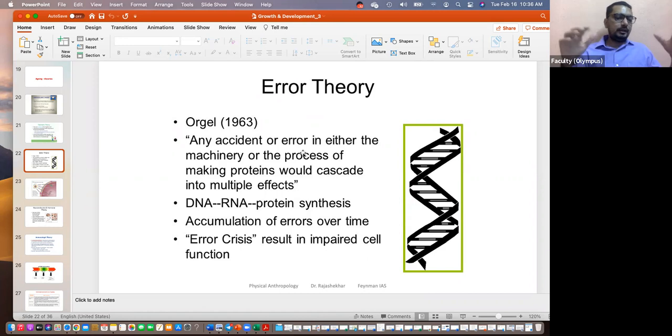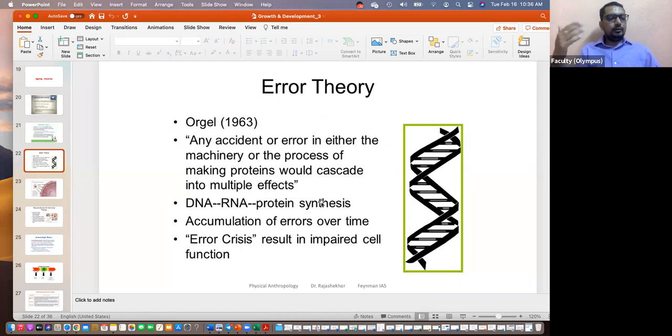Let's say the process of DNA replication may not work in the same way, so more and more mutations are introduced into your DNA. That would result in accumulation of more and more errors over a period of time.